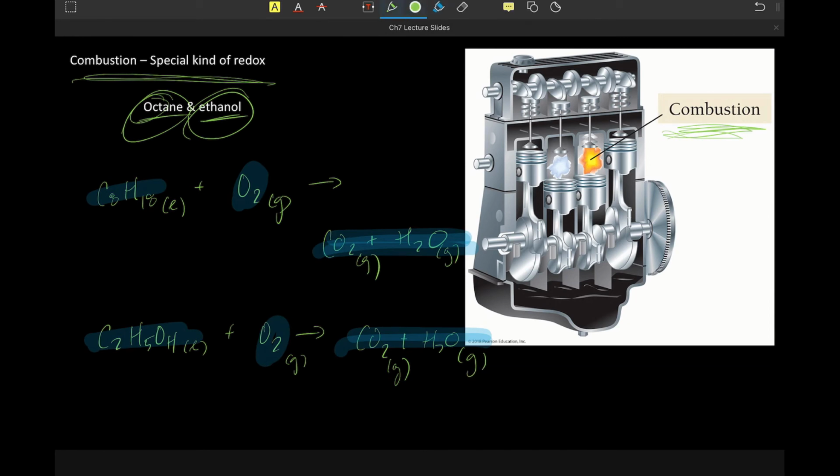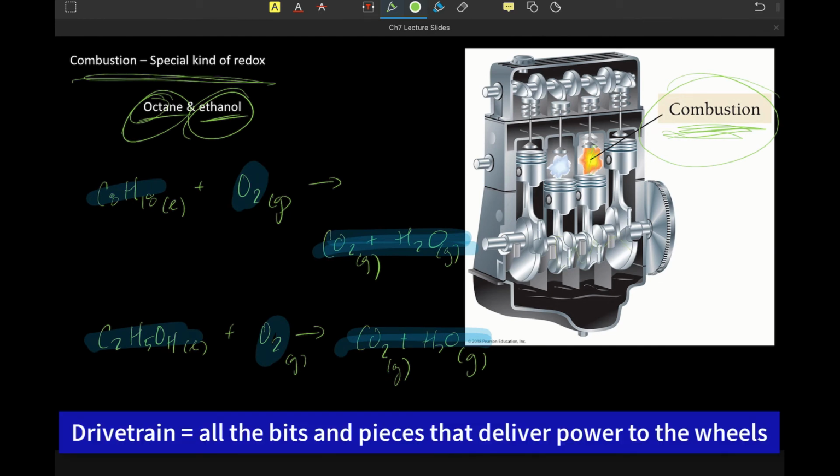Which is why in our engines we have something that creates a small spark, which then creates a controlled combustion reaction. The heat from that reaction makes the gases expand, and as that gas expands and then contracts, that moves all your bits and pieces, which move your axles, which move your tires.